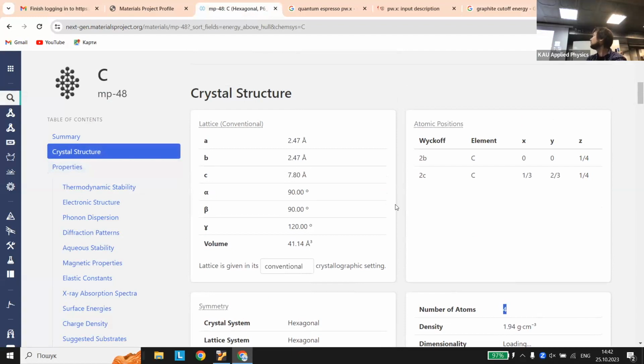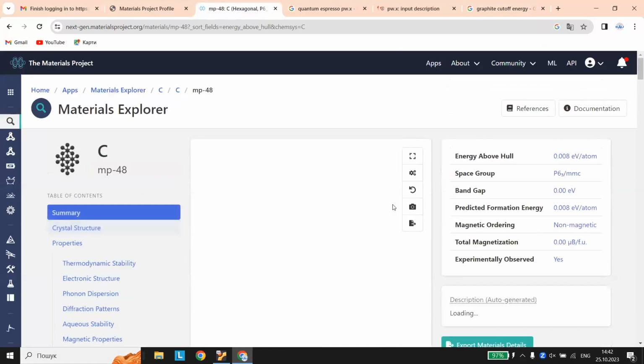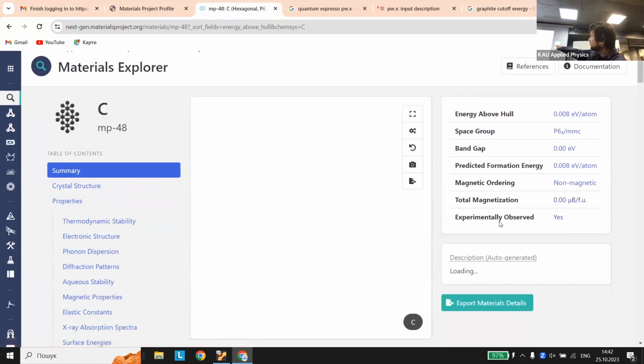You see these Wyckoff symbols. Slightly later I will explain what Wyckoff means, but you can go up. You can take the lowest one, where the picture should be, and for example you can take Pascal, and you download the file with atom coordinates.